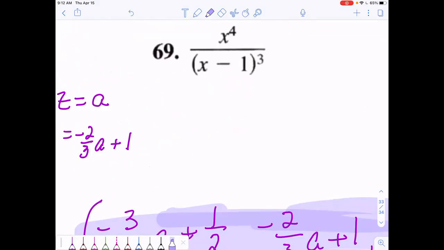What's the first question you ask yourself when you look at a fraction? Cole? Is this one improper? Yes. This is an improper fraction because the power on the top is 4, the power on the bottom is 3. You will have to divide this problem, but in order to divide it, this quantity cubed needs to be expanded first because you need to know what the polynomial is that you're dividing.